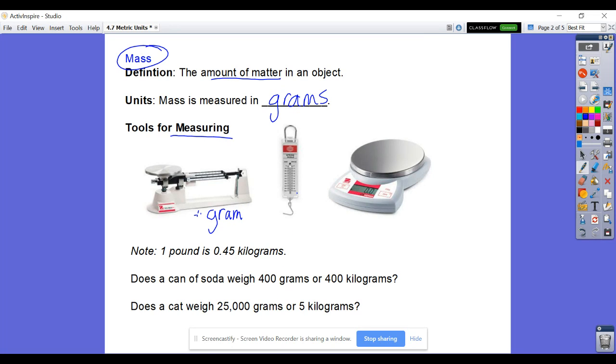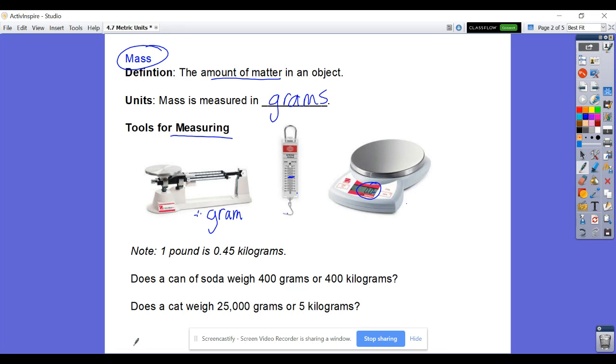This is called a spring scale. And once you hung something down here, it would show how many grams it was. And finally, this one's probably the most common and the easiest for a scientist to read. This is just an electric scale, and it would give you a nice number on here, which shows you the grams. It looks like here the grams would go to the tenths place.